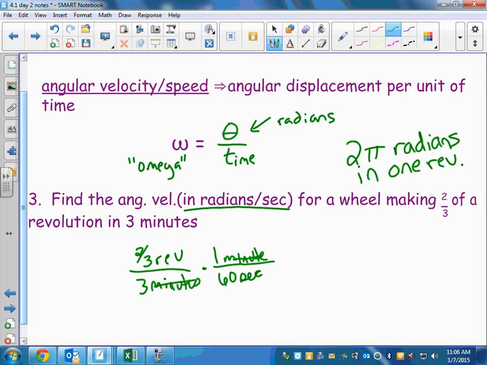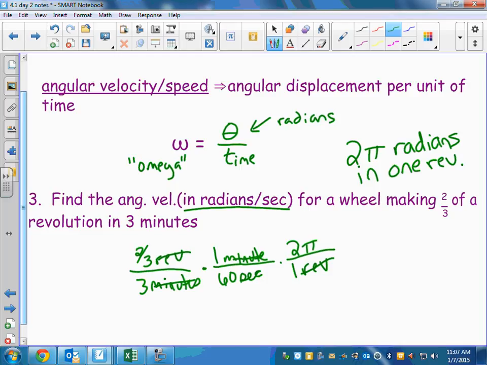If 180 degrees equals pi, right? That's our conversion that we've been using. That means 360 degrees equals 2 pi. 2 pi to go around the circle. So I'm going to say there are 2 pi radians in 1 revolution, because then that will make my revolutions cancel out. Right? So I kind of like angular velocity because I like crossing things out, lining up my units.